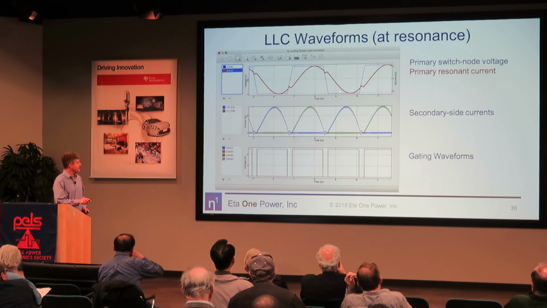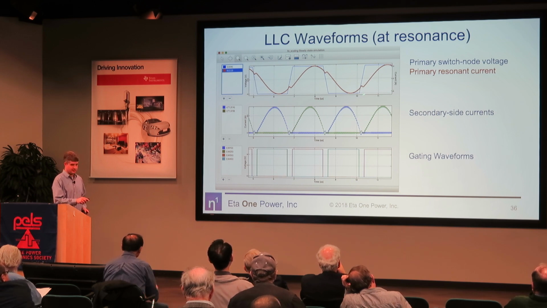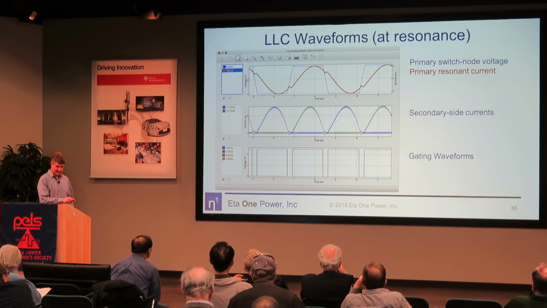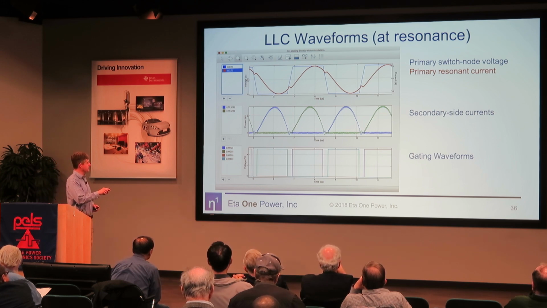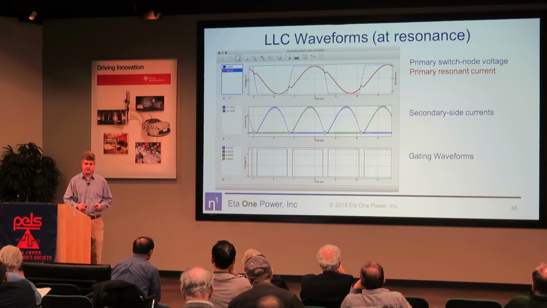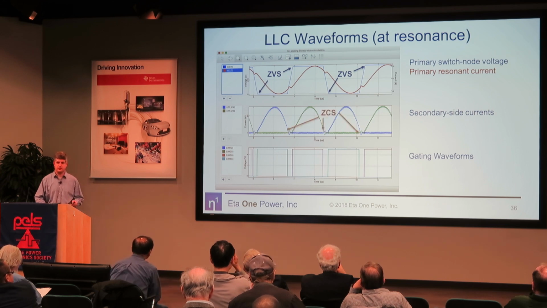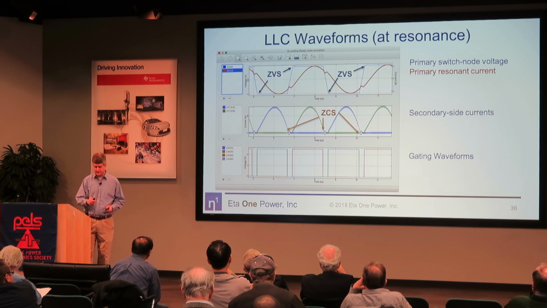We have a sinusoidal resonant current, more or less in red here, half sinusoids in the secondary side rectifier. And most importantly, our primary side switch node here in blue has these nice soft transitions. They're linear here because ETA-Designer uses a linear model. But you see we get ZVS on the primary side switching and ZCS, or zero current switching, on the secondary side, which means there's very little switching loss.